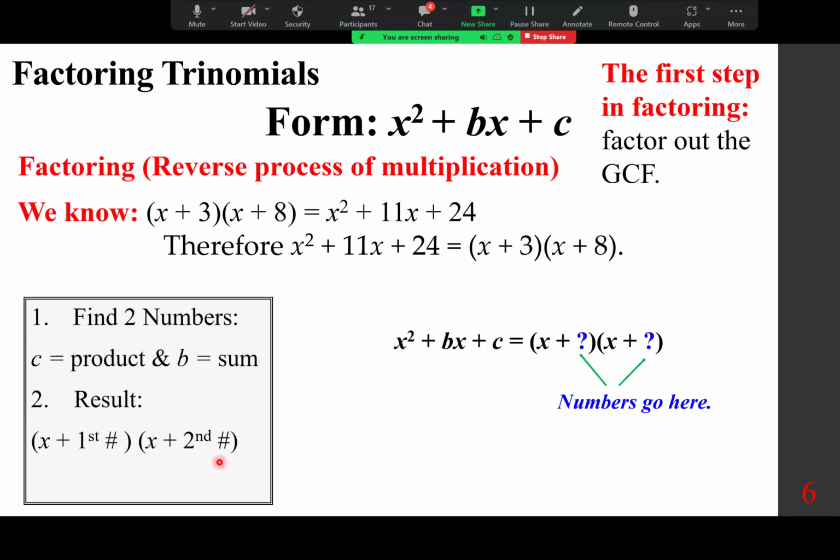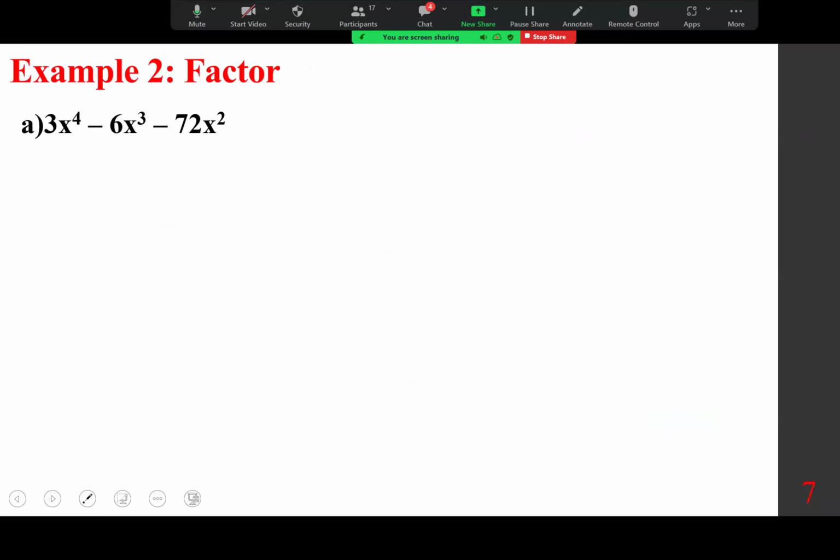Let's drill. Let's look at a couple of examples quickly. In this case, obviously, the first step would be to take out the common factor of 3x squared. Again, everybody has access to these PowerPoints, right? So clearly, what's in common? 3x squared. So I take out the 3x squared.